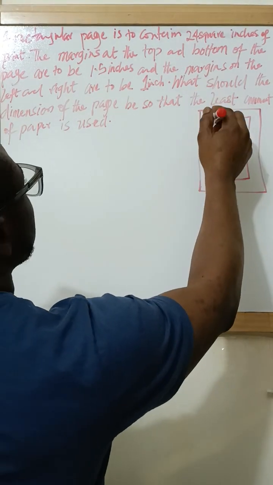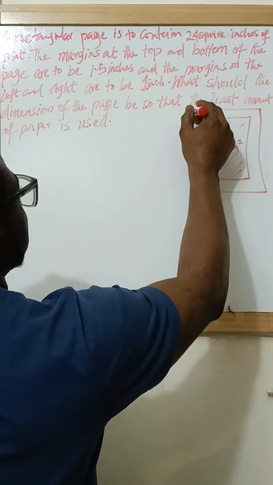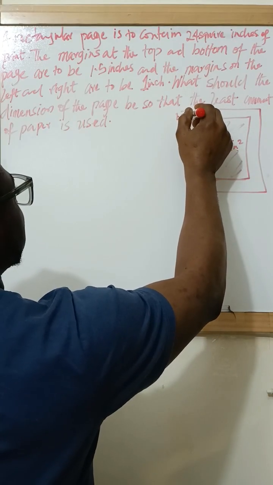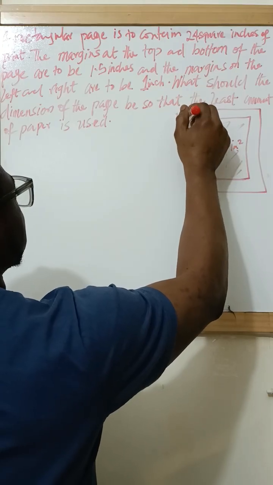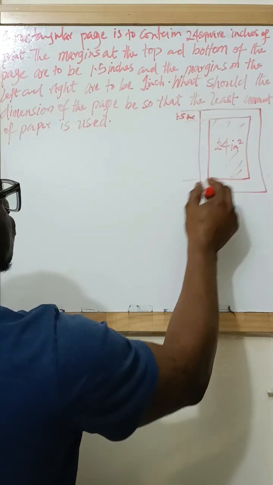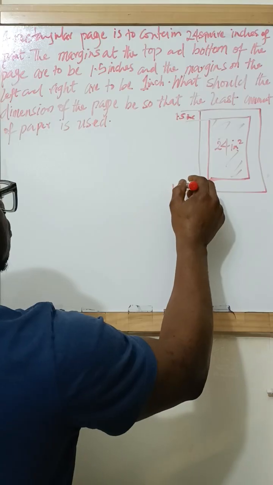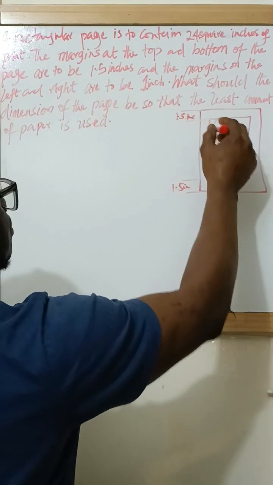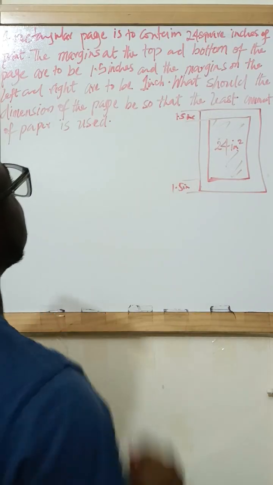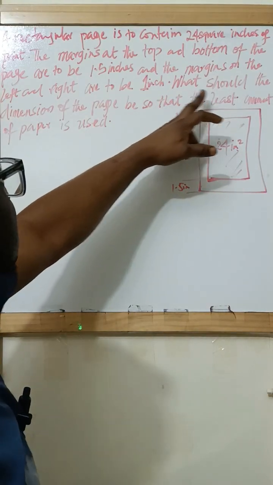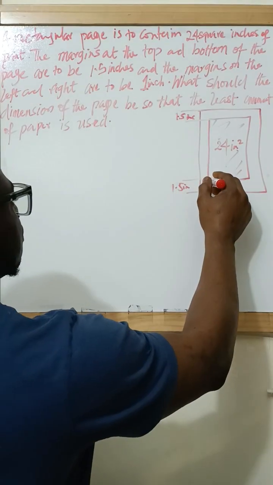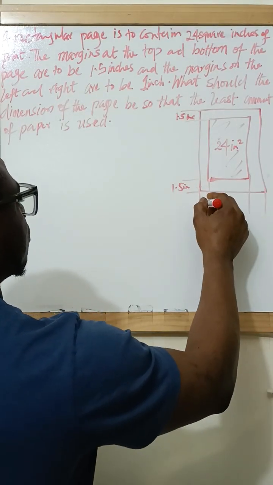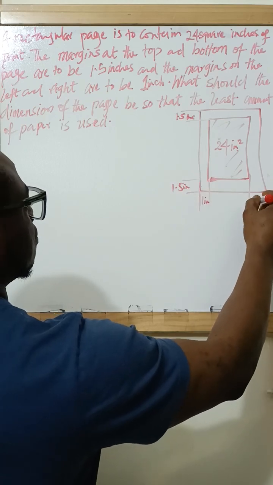Now we are told that the top and bottom margins are each 1.5 inches, and the left and right margins are 1 inch each.